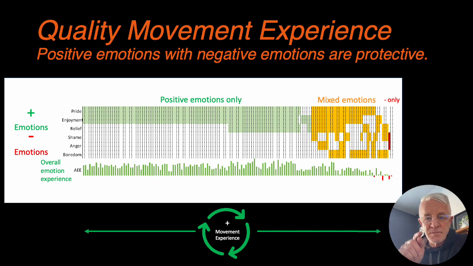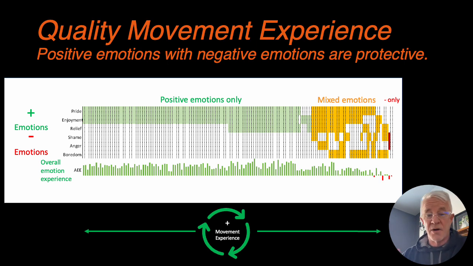Now, this was really interesting to us and really important for this audience to hear. You'll notice there's a bunch of yellow here. It's called mixed emotions. And the mixed emotions meant that the children experienced both positive emotions like pride and enjoyment, but they had some combination of shame, anger, or boredom.